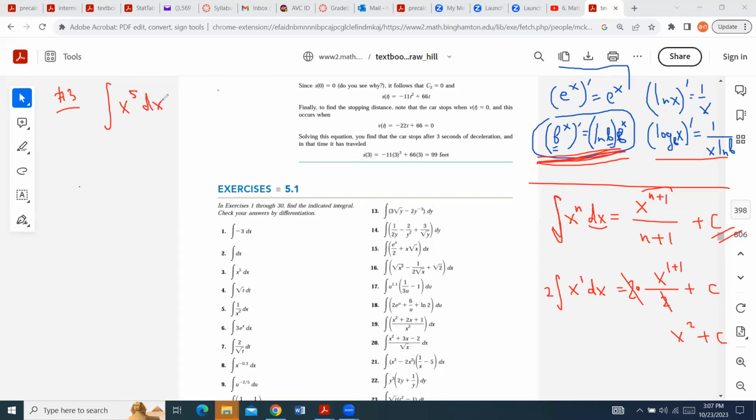So I'm going to need to add 1, right? Put 5 plus 1. Again, I'm looking at this new procedure, going back from what we had differentiated to get x to the 5th. And then in the denominator, we see this exact same number as the power, so that'd be 6, and a constant. So x to the power of 6 over 6.